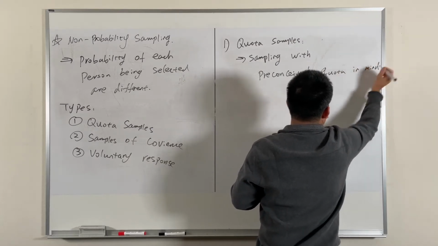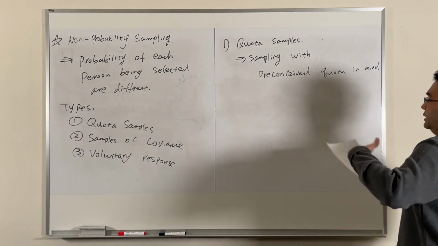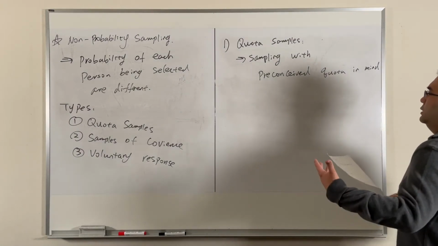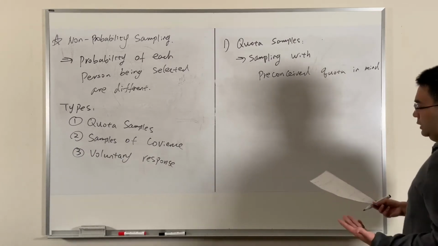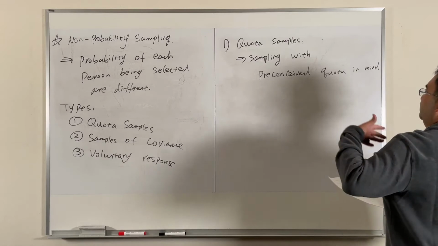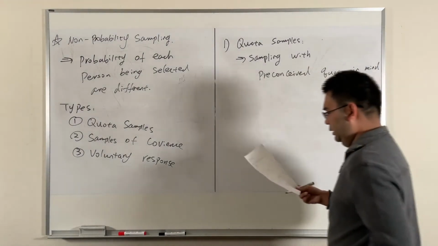So you're going to have a self-set quota on how many people in each type you want to select to be in your sample, right? So everything is preconceived in the researcher's mind, or in your mind.